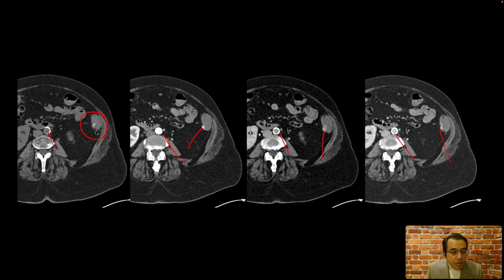And if you pay attention, you'll find that this is a diverticular bleed because there is a diverticulum where this contrast extravasation is happening. And so this patient was treated for a diverticular bleed.